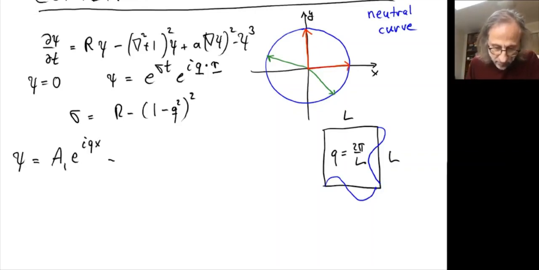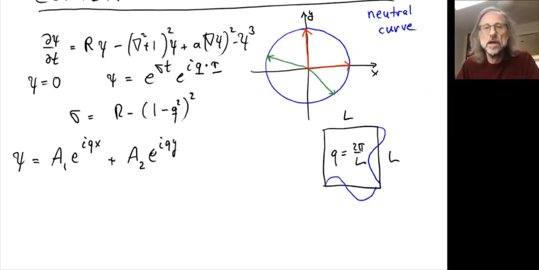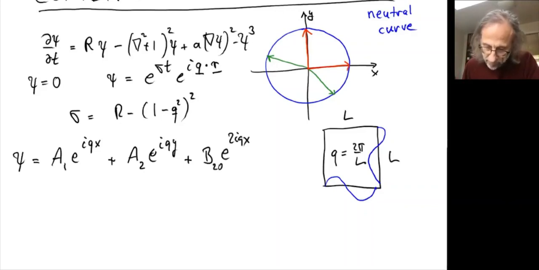But there also would be another mode, A2 times e to the iqy. That would be the other orientation. And then, of course, all the harmonics. So we would have B02 times e to the 2iqy, and B11 times e to the iqx plus iqy, and so on.